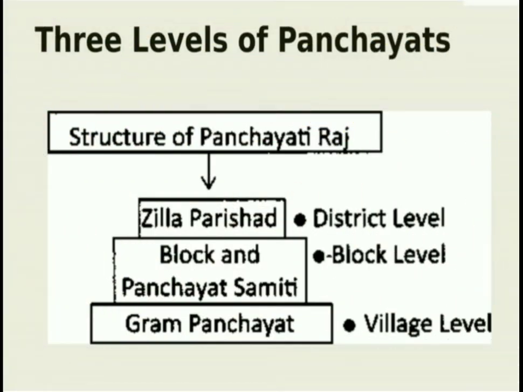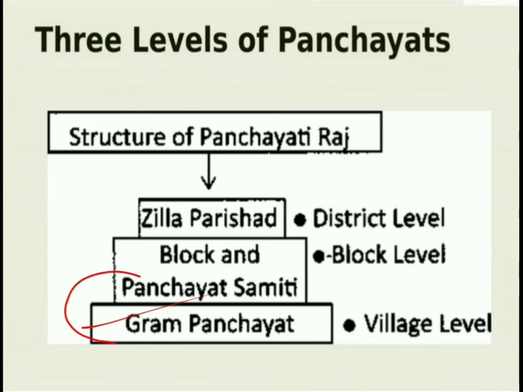Dear students, as we had discussed, the Panchayati Raj system in India operates through three levels. At the lowest level lies the Gram Panchayat. Many Gram Panchayats come under the Panchayat Samiti.